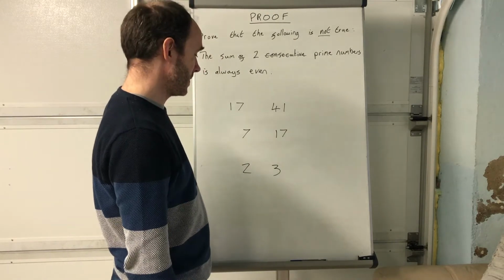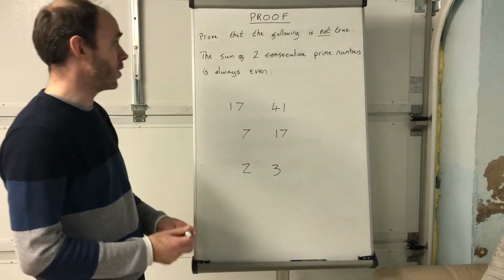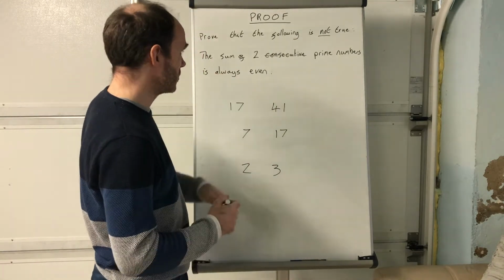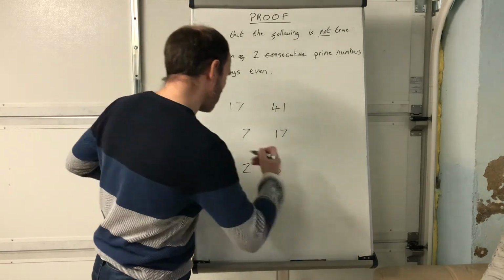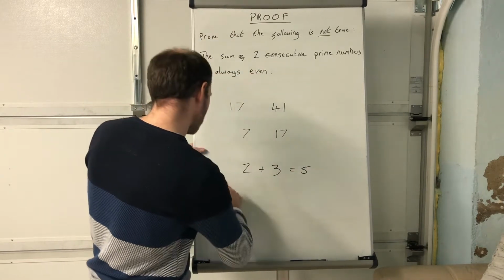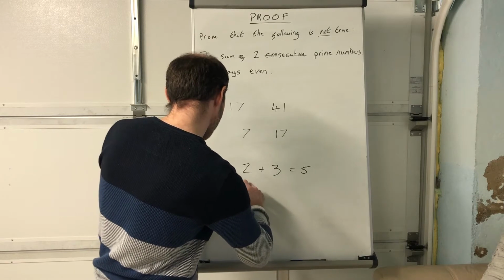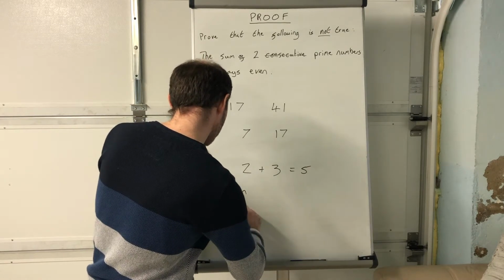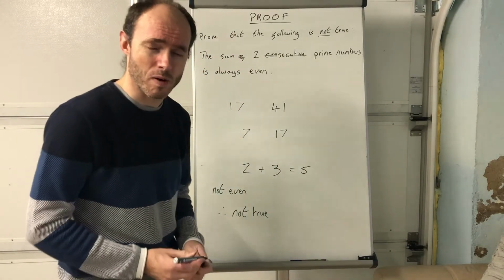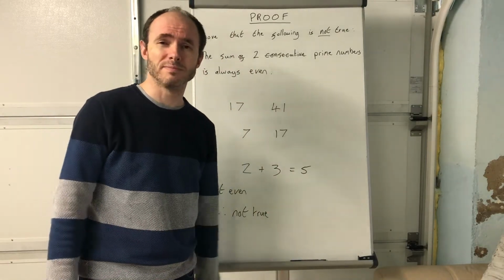You will get an odd number. And so that's enough to be able to disprove the statement. You just say 2 plus 3 is equal to 5, not even, and then I'm going to say, therefore, not true. And that's all I need to do in my working. It's as simple as that.